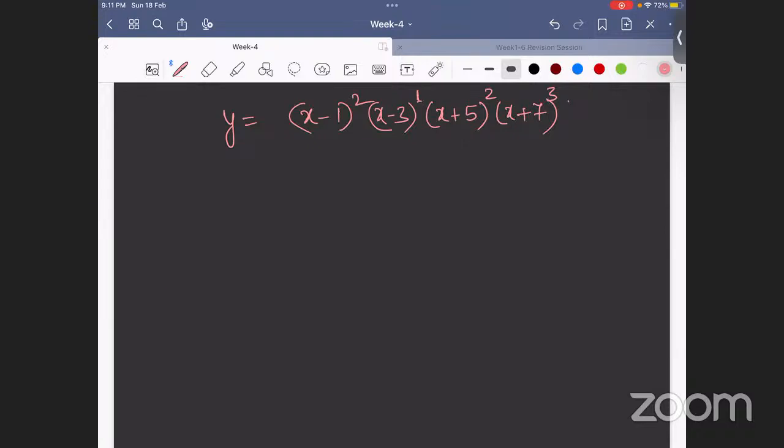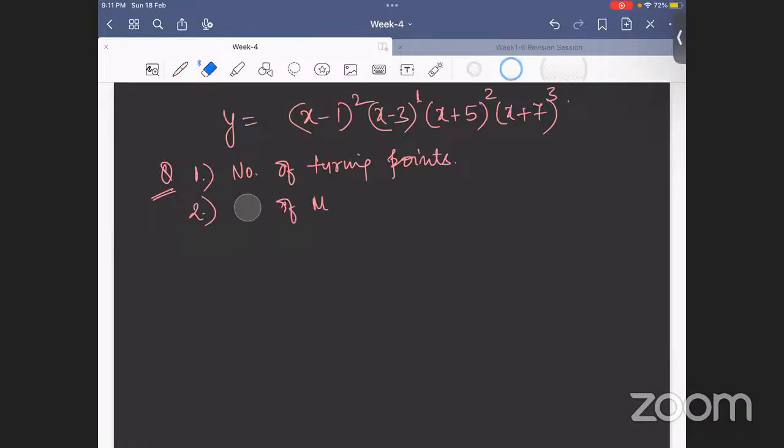Now the questions they're asking are the number of turning points, and the multiplicity, like 1, 3, 5, 7.